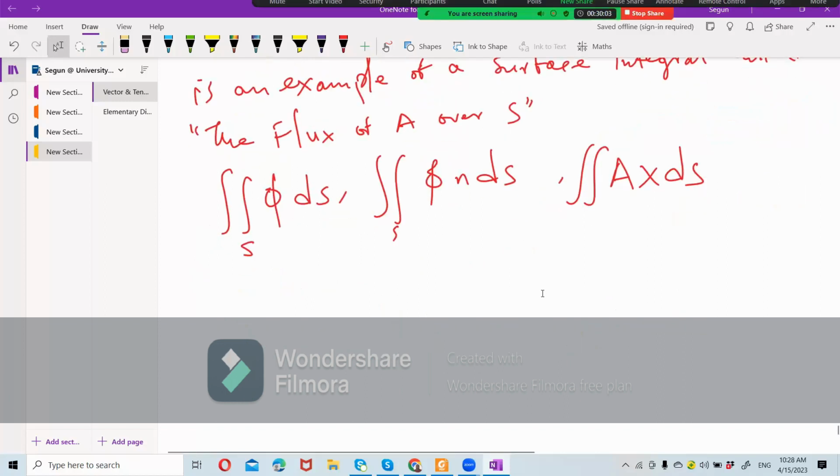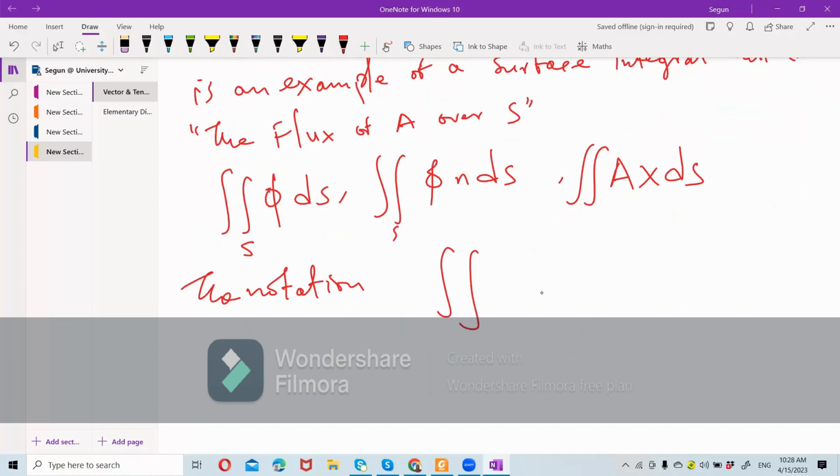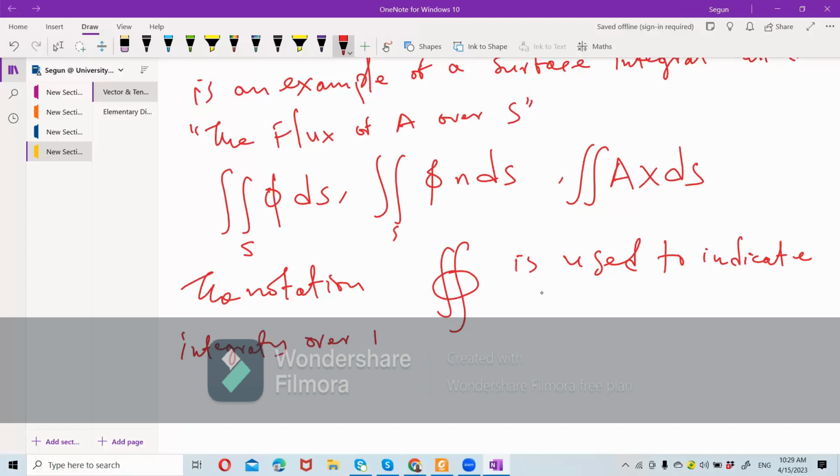In case you have this notation, it is used to indicate integration over the closed surface X. I'm giving us those formulas so that by the time we begin to work on them, you remember where to pick them from.